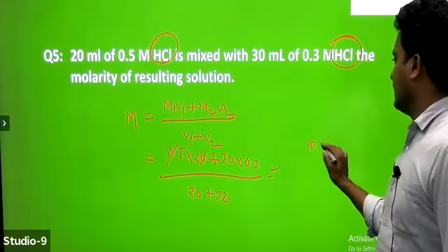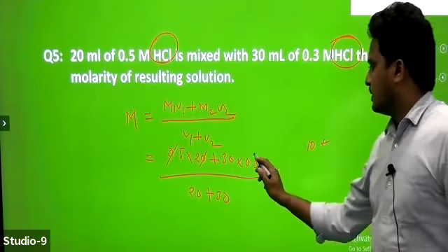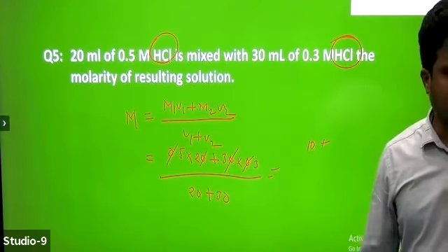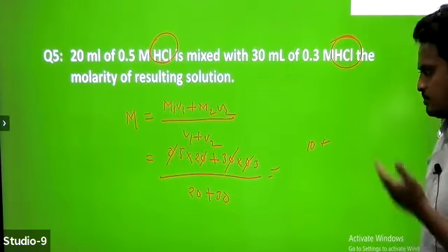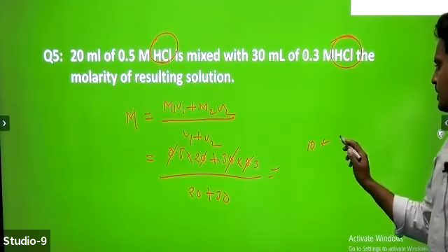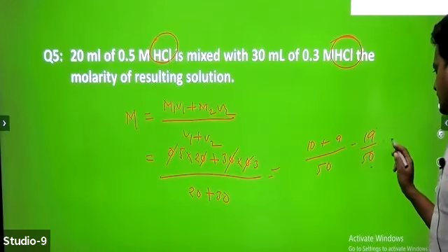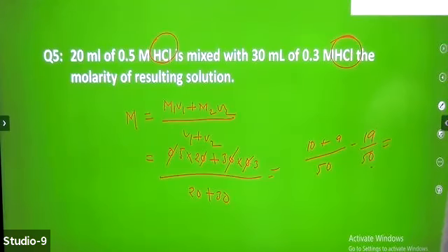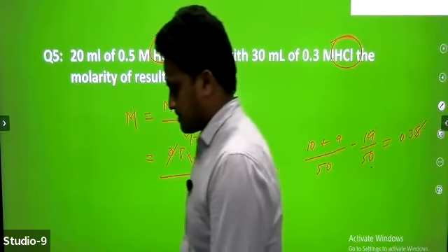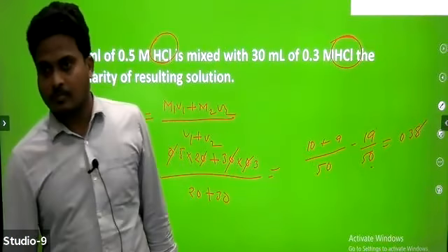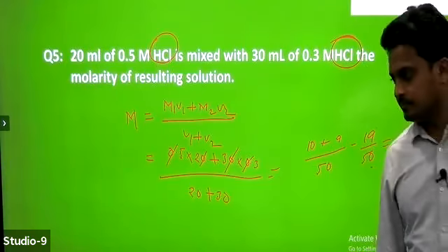Plus 30 into 0.3, that is 9. So 19 by 50, approximately 20 by 50. 0.38. Done? Good job.